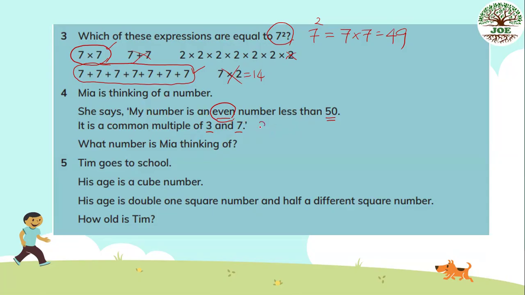Okay, 3 times 7 is 21. So we can make double of 21. 21 times 2 is 42.